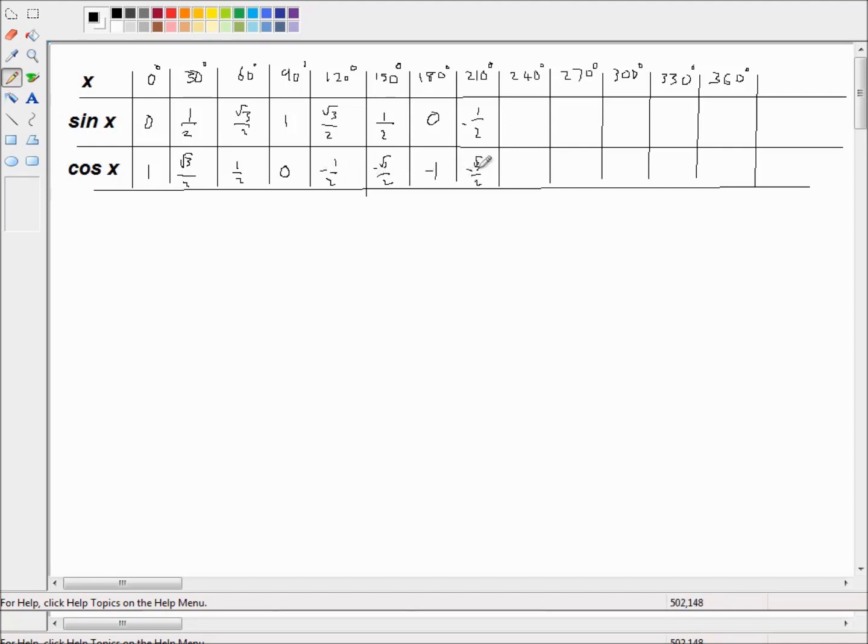So if the cosine of 210 degrees is negative root 3 over 2, then we'll expect the cosine of 240 degrees to be the same as the cosine of 120 degrees, which is a negative a half.